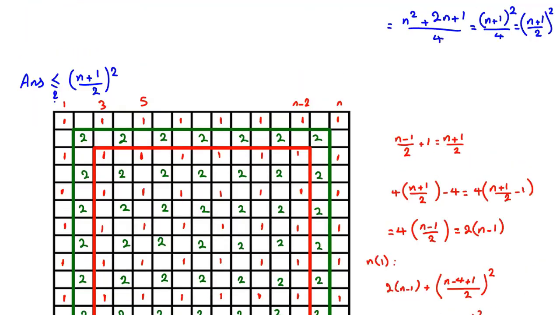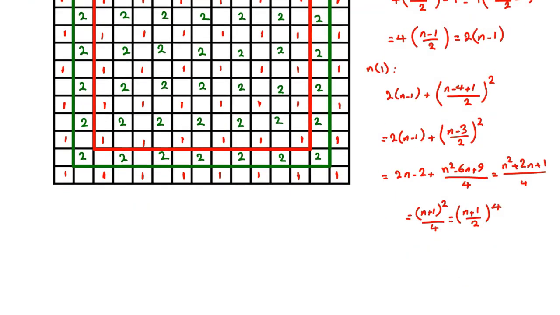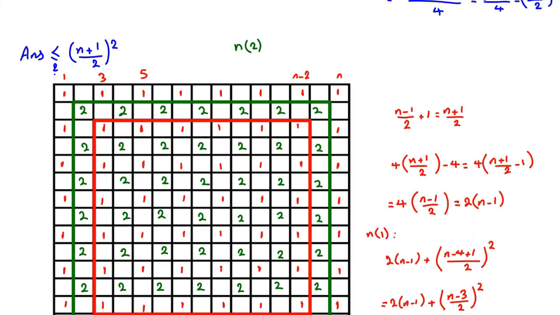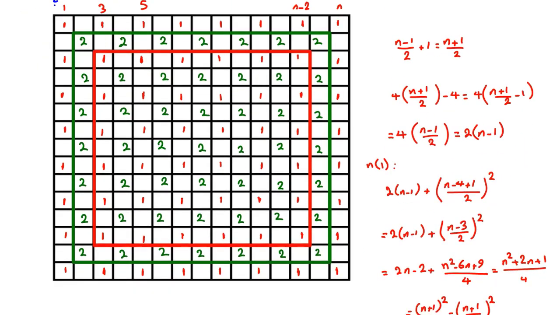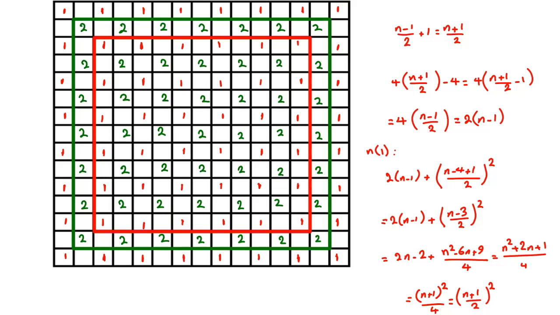So the number of twos, by the same way, because we proved for n it is n plus 1 over 2 whole squared, for twos, since it is for n minus 2, it will be n minus 1 over 2 whole squared. So we will see the number of reds is greater, and it is n plus 1 over 2 whole squared. But we proved that the number of empty cells that we can create is at most n plus 1 over 2 whole squared.